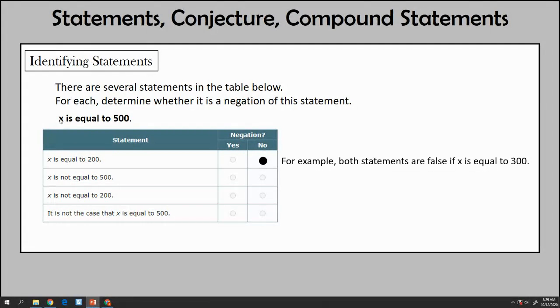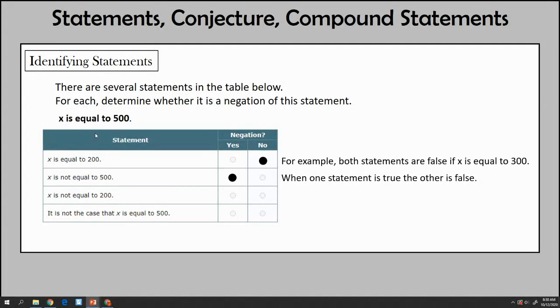So if I said X is equal to 500, and I say X is 300, well, that means this one's false and this one's false. That's not the negation of it. X is not equal to 500. Well, there it is, right? That's very directly said. It's the opposite in meaning of this one. X is not equal to 200.